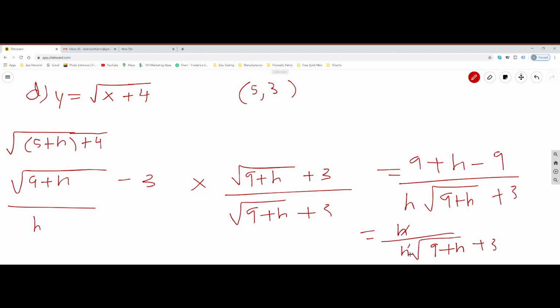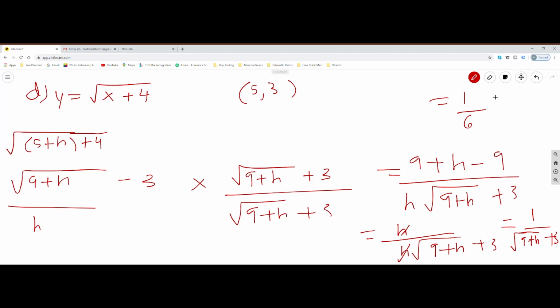So the h's will cancel and you're left with 1 over square root 9 plus h plus 3. So when you substitute h as 0, the square root of 9 is 3, so your answer is 1 over 6.